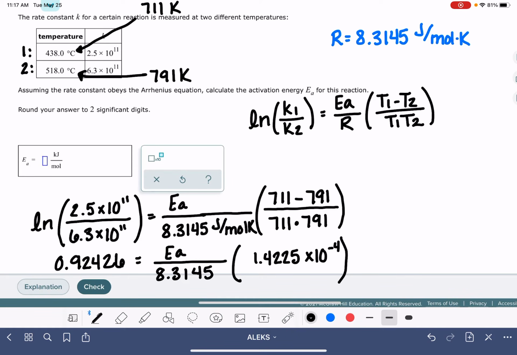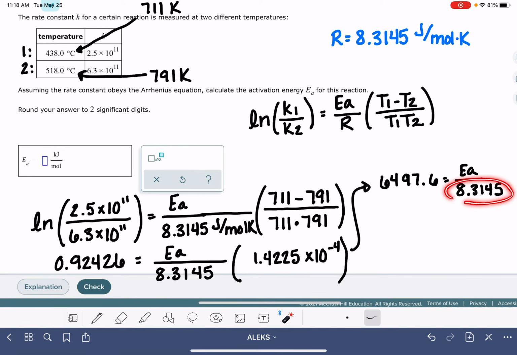I'm going to put this work up here, 6497.6, and that's equal to E sub A over R, 8.3145. And now I can solve for E sub A. So I'm going to multiply both sides by 8.3145, and that's going to give me 54024. That's my E sub A.